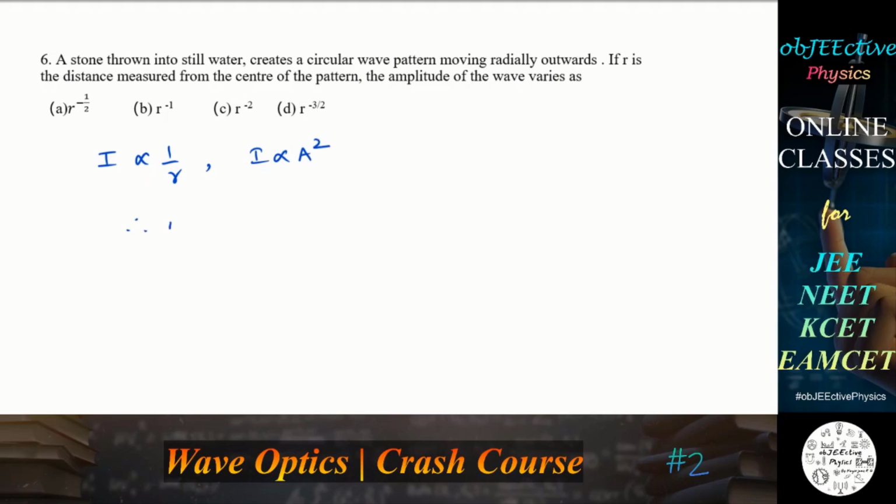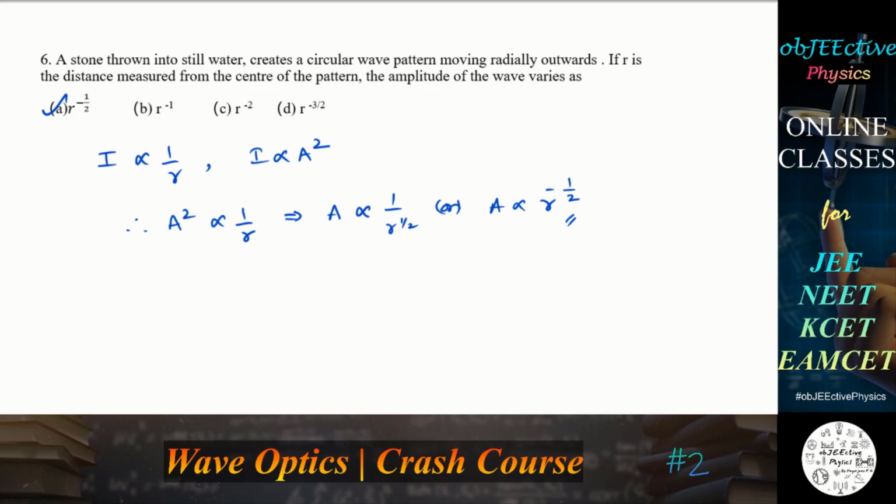So, therefore, A square is directly proportional to 1 by r. Taking square root on both sides, you can write it as A is directly proportional to 1 by r to the power of 1 by 2, or A is directly proportional to r to the power of minus 1 by 2. So, option A is the right option.